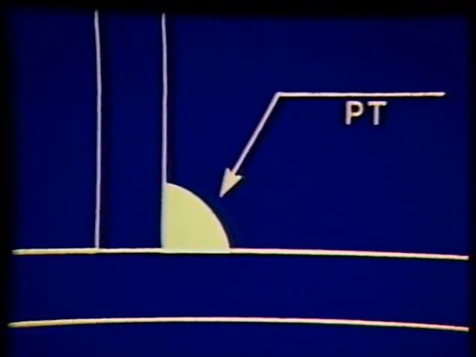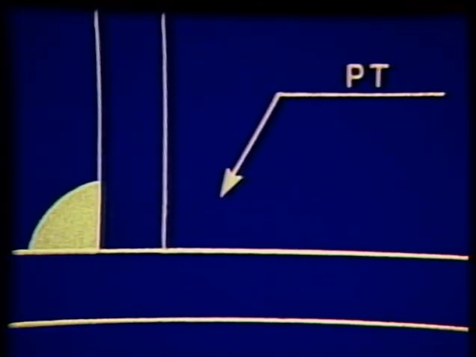When the test symbol is located below the reference line, it signifies that the inspection is to be performed on the arrow side of the joint. If the test symbol is above the line, then inspection is made on the other side of the joint.